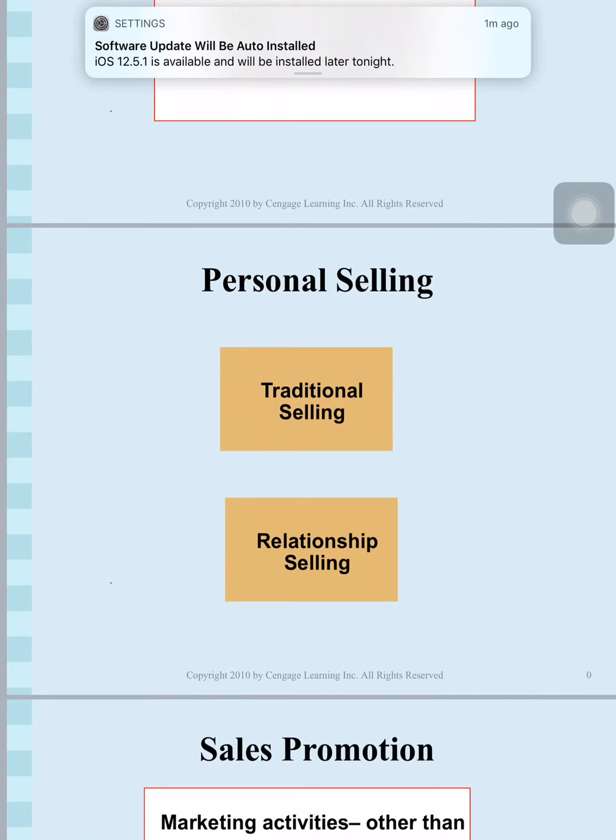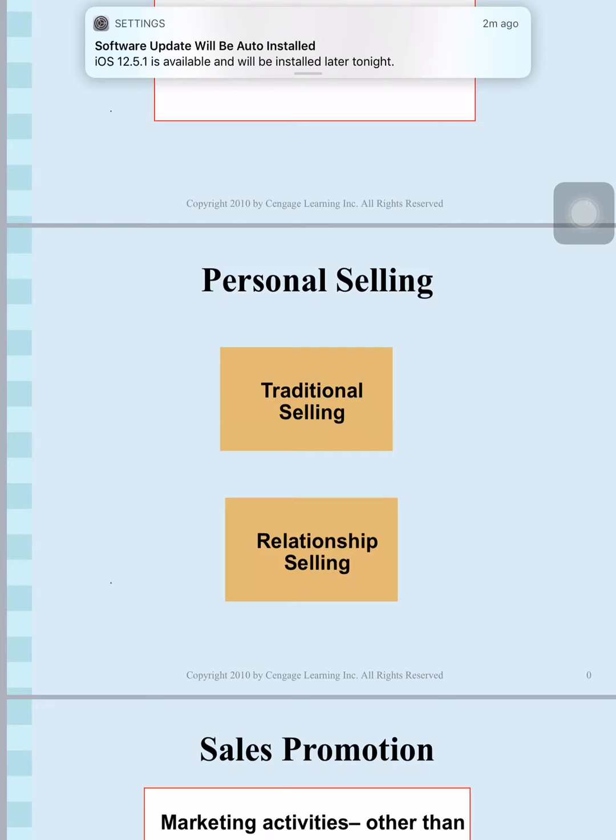Okay, so this is what is called personal selling. You go for the direct, one-to-one, paid communication between two people, which is an attempt to influence each other. It can be, for example, online personal selling, direct marketing and so on.